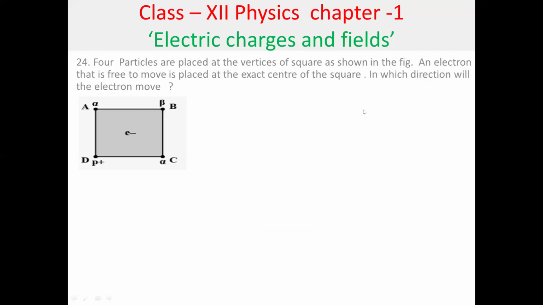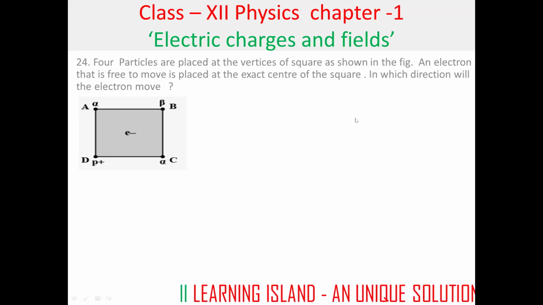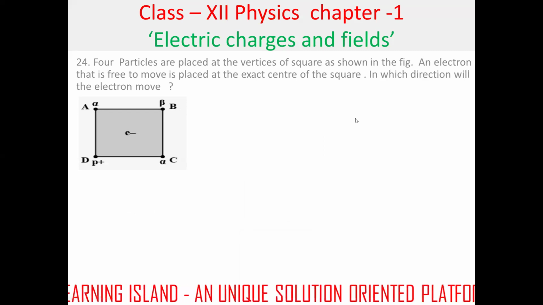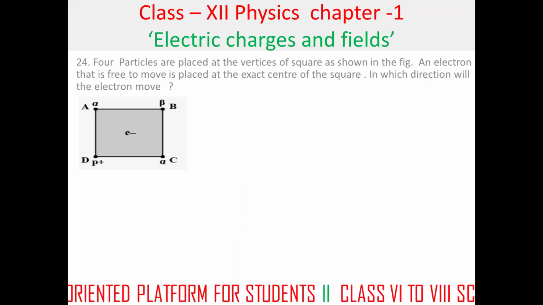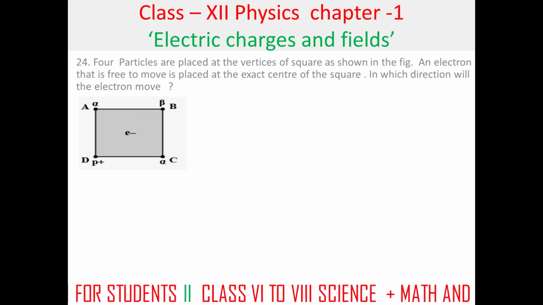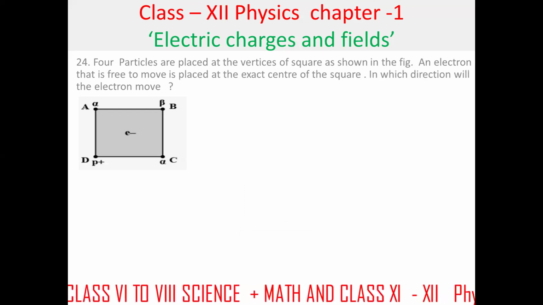Next question. Four particles are placed at the vertices of a square as shown in the figure. An electron that is free to move is placed at the exact center of the square. In which direction will the electron move?